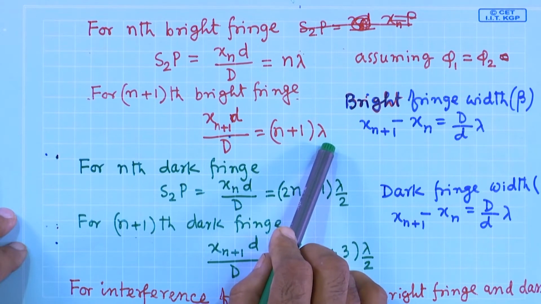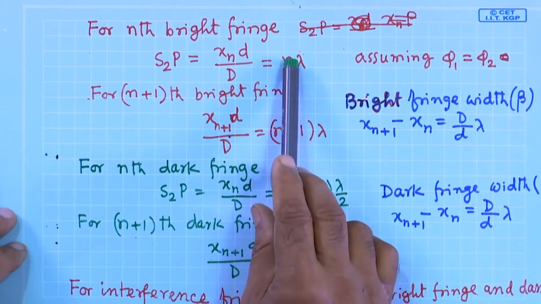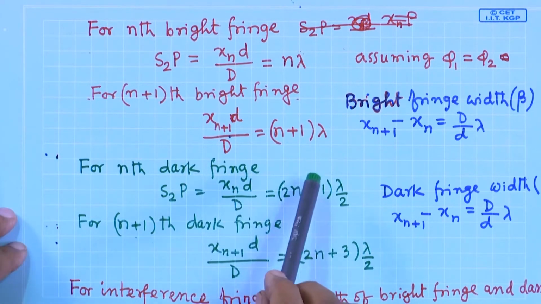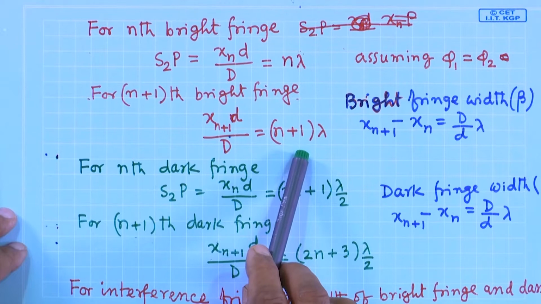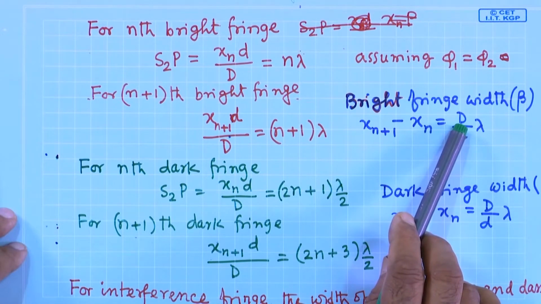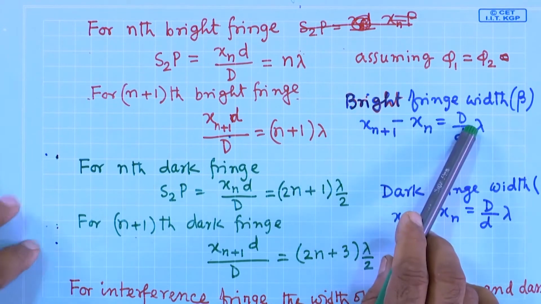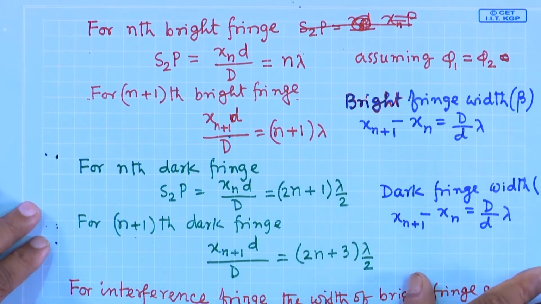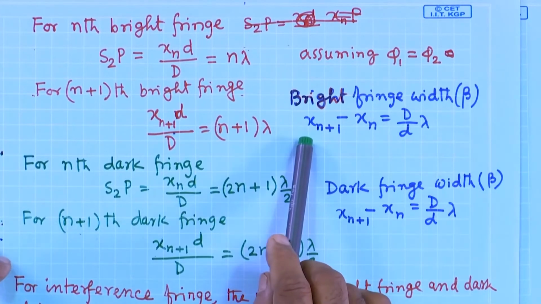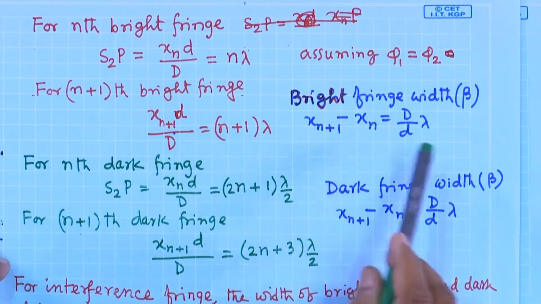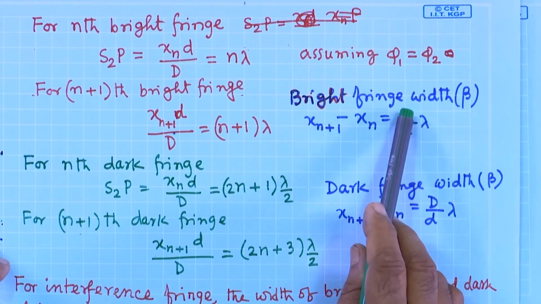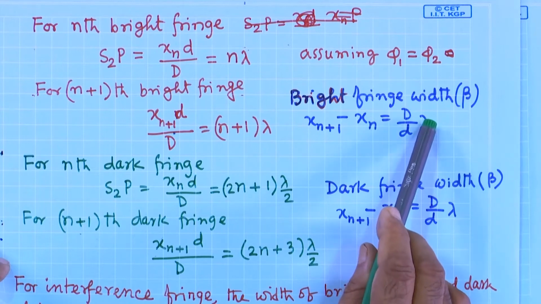Okay. So the distance between these two, the n plus 1 and nth bright fringe, is basically the width of the bright fringe. If it is beta, then beta will be equal to capital D by small d into lambda.